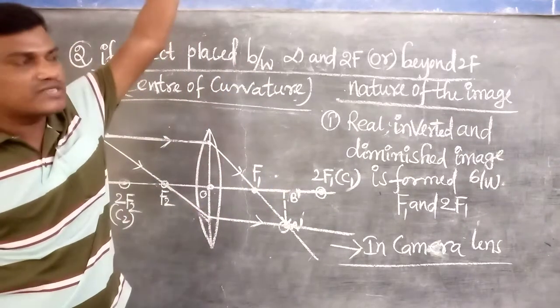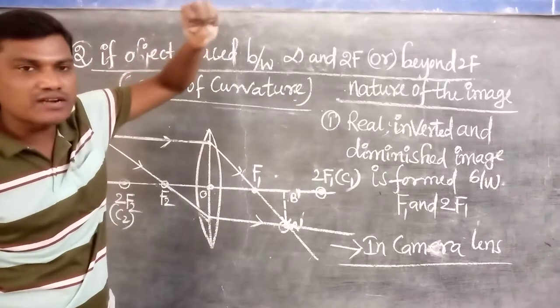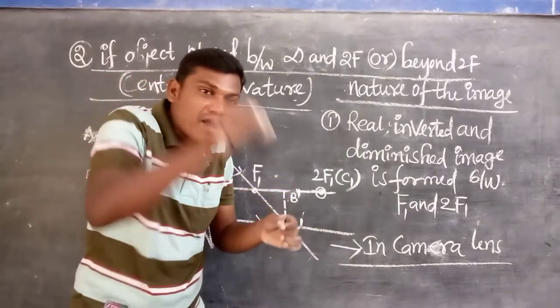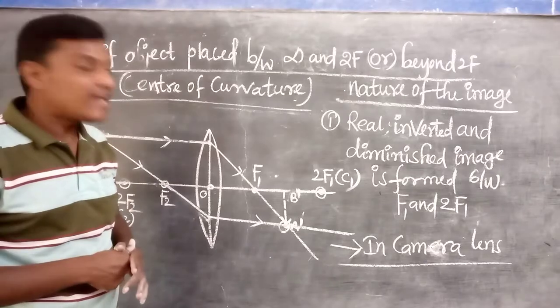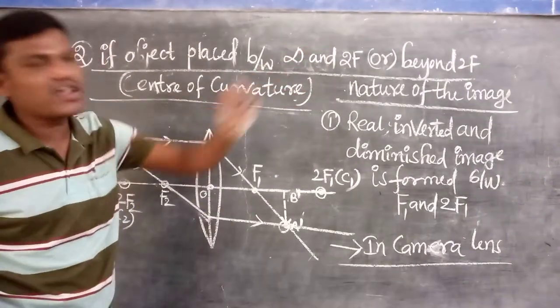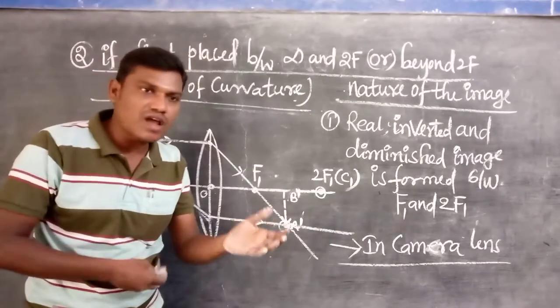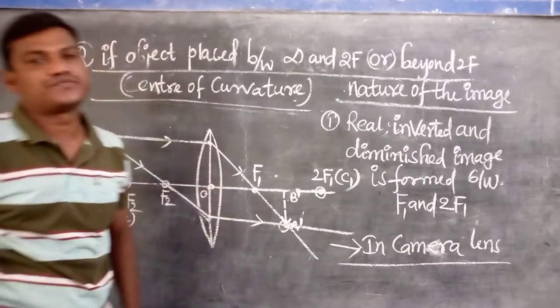Because if the object is at infinite distance, the rays coming from the object are parallel to the principal axis. Finally, all the rays meet at one point, so only a point-sized image will be formed. In the same way, in case of camera lenses, the 5 feet person, after the photograph, his size will be diminished or reduced. That's why.